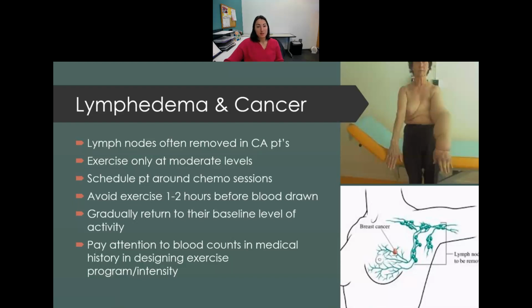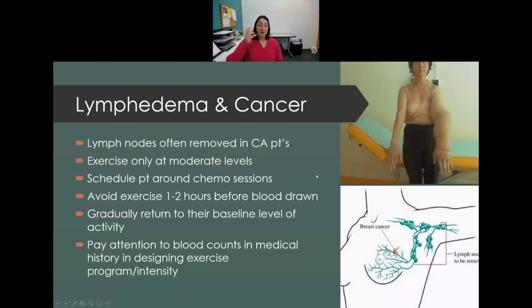The only problem with that is once they remove those, it sets the patient up to have lymphedema in that extremity. So this patient had a left mastectomy, and the left arm has significant lymphedema. There are not adequate pathways for it to drain appropriately, so it's gathering in the arm.